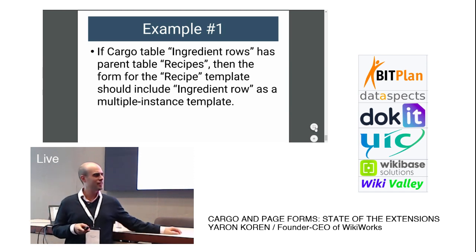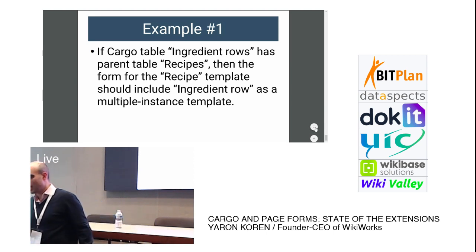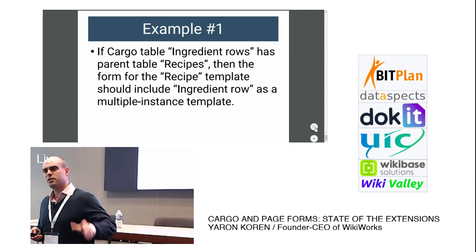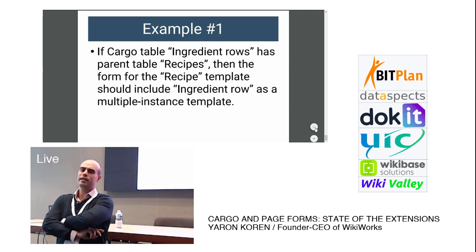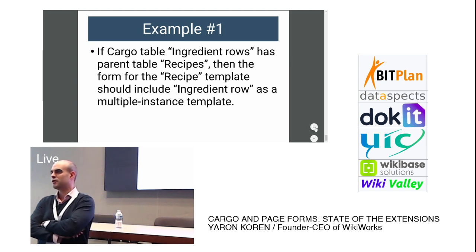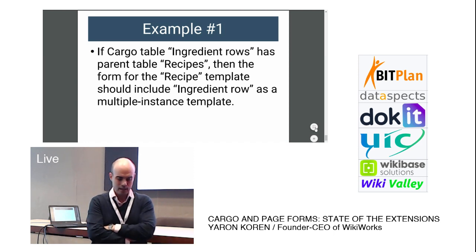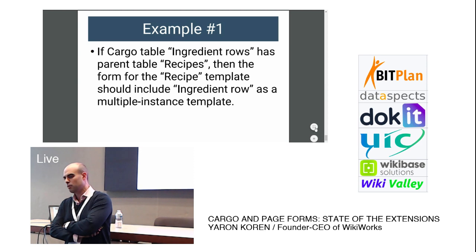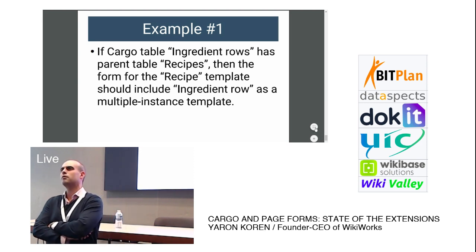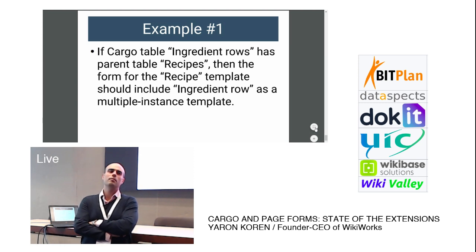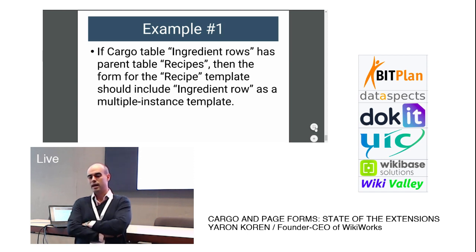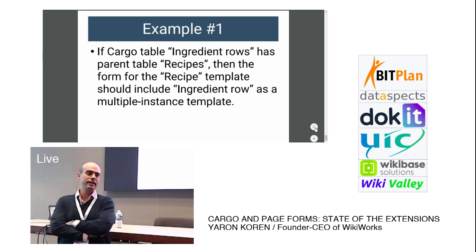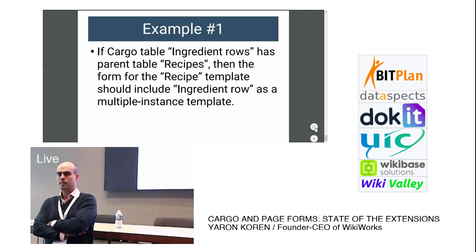So back to that parent table thing that may or may not have been clear. If you have pages about recipes, and then within each page you have a multiple instance template that lets you define the specific ingredient rows, you know, 3 cups of flour or whatever, then if you specify that the ingredient has a parent table of recipe, the form, Page Forms can say, oh, okay, that means that you need to have a multiple instance template for ingredients within the recipe form.